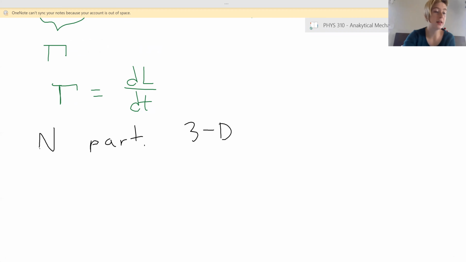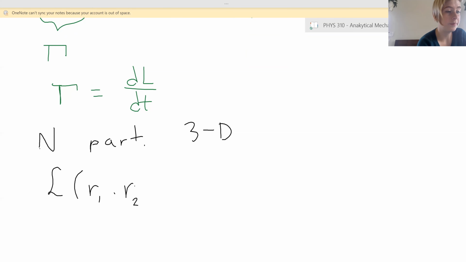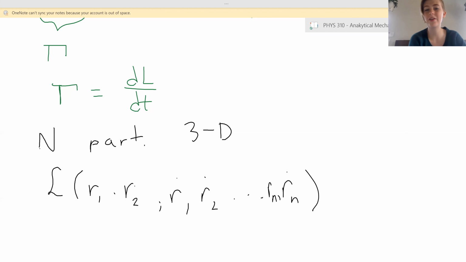And what it ends up telling us is that there is going to be a function that has an r1, an r2, r1 dot, r2 dot, and so on, up to rn dot.